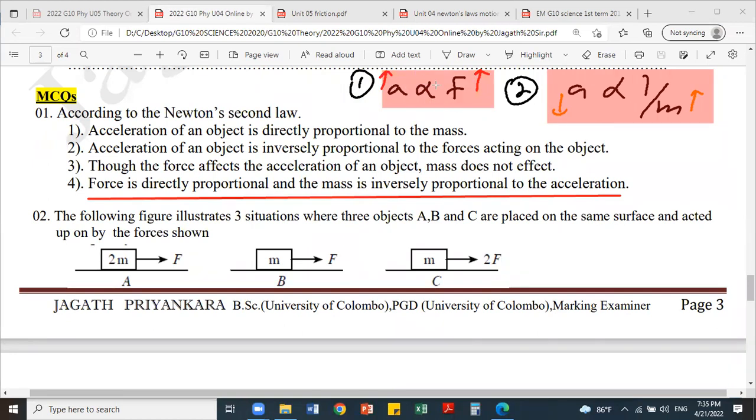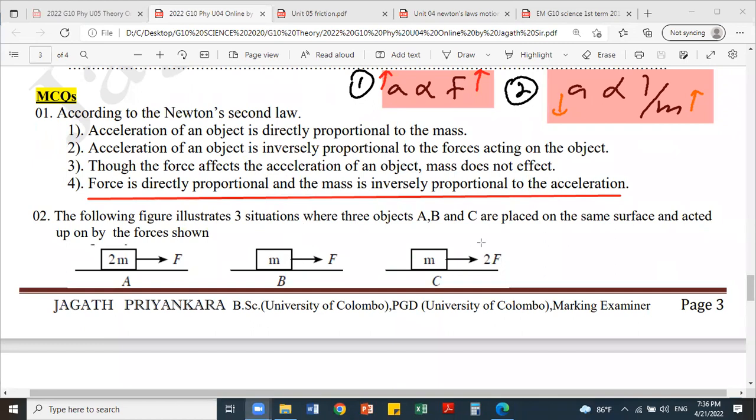Number one is acceleration is directly proportional to the unbalanced force. Number two is acceleration is inversely proportional to the mass. When you combine number one and two, that is called Newton's second law: directly proportional to the force and inversely proportional to the mass.